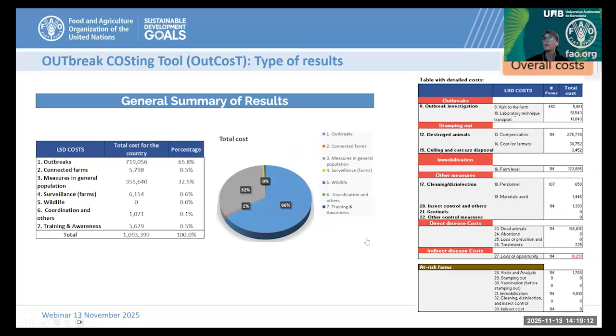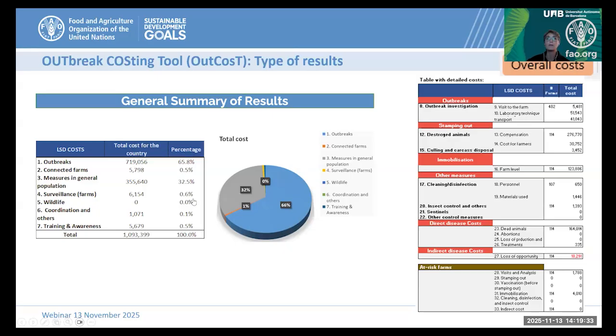So when we look at the Excel tool, in the overall cost, we can see this kind of results. We have a table with the 7 main blocks summarized in the selected currency, and you can select up to 2 different currencies to show the results.